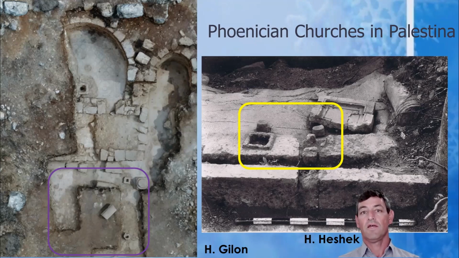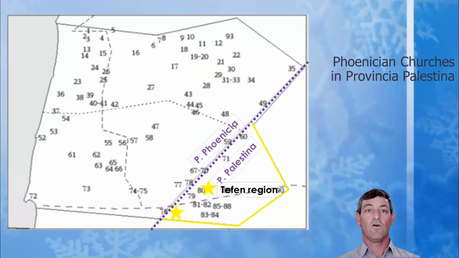And here, those churches apparently use the episcopal see and the tradition of Tyre, Phoenicia, inside the boundaries of Palestina, and using the era of Palestina. You can see here on the map, this is the Tephen region in yellow, and those churches, Churbat Cheshek and Churbat Gilon that we talked about, across the border from Phoenicia into Palestina.